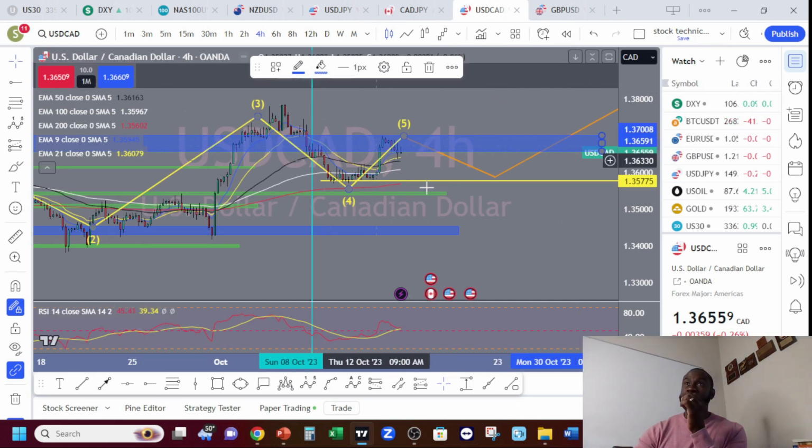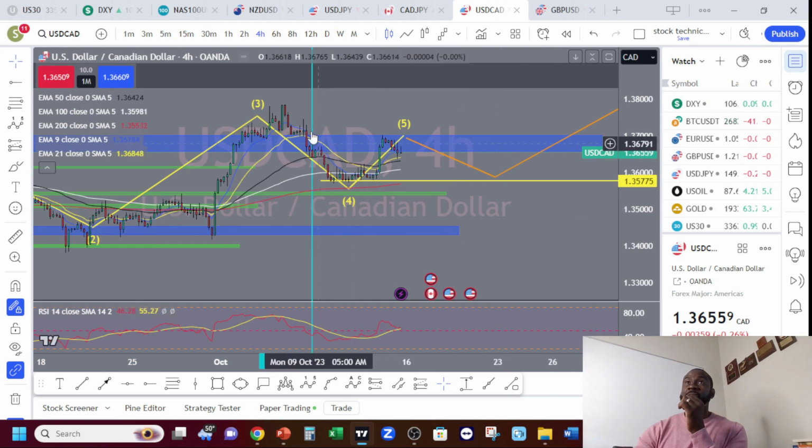So what did price do? You can see price opened, came down, got here, didn't go all the way down. You can see how long it stayed here, how many 4 hours, and finally price broke through, and then price got to that daily resistance, and it's on its way down.